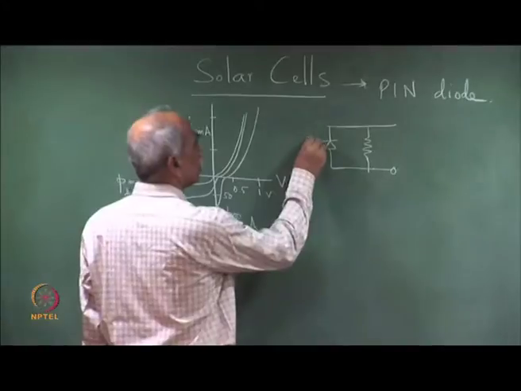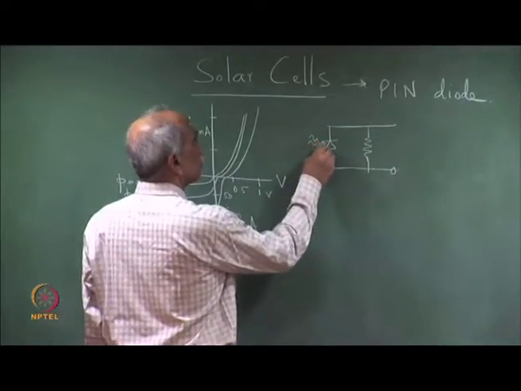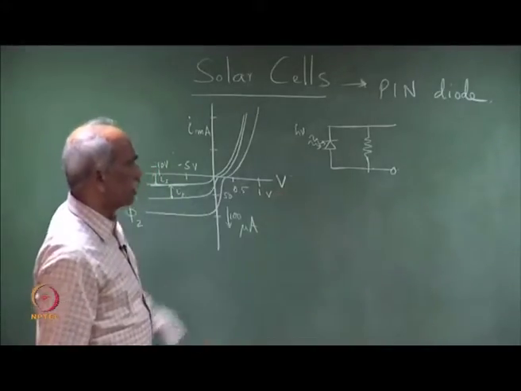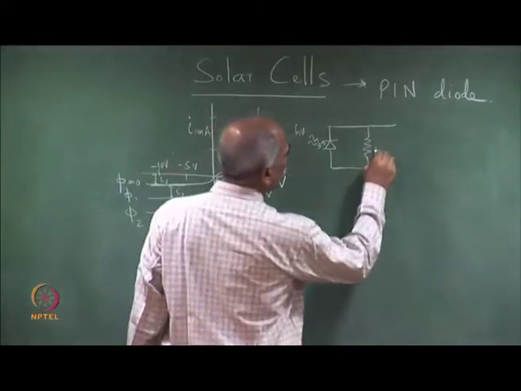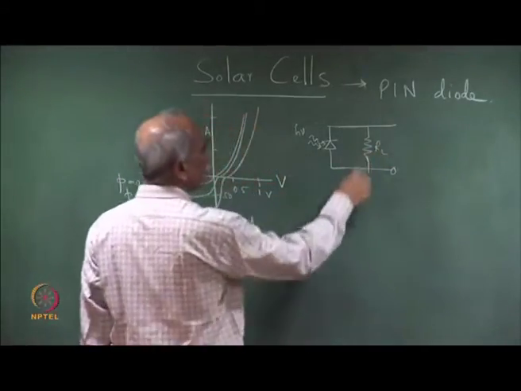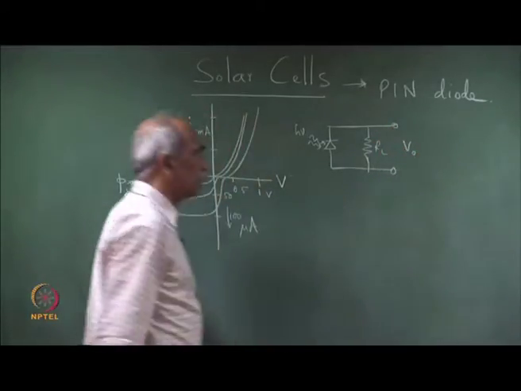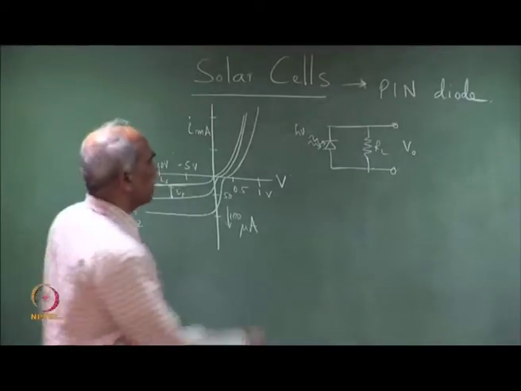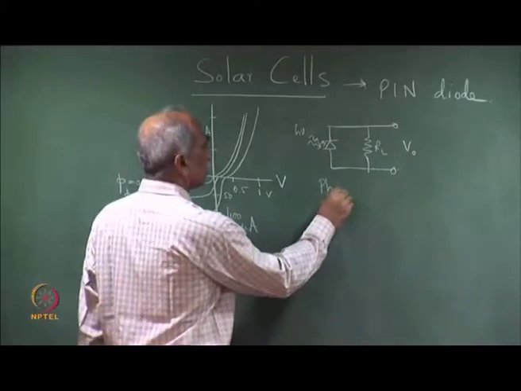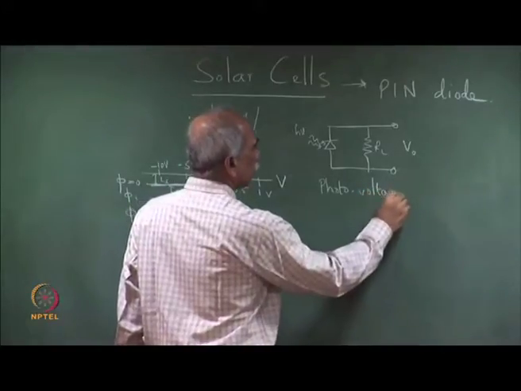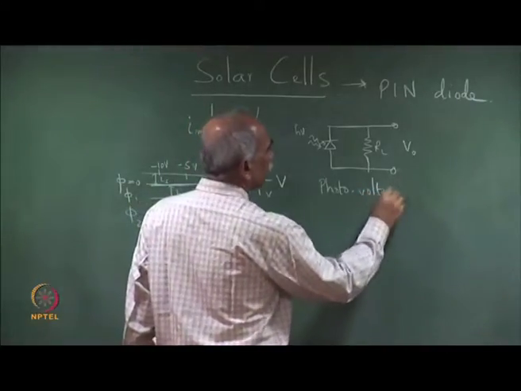The incident photon flux is incident on the photodiode, and there is a load resistance here to be chosen appropriately, and we have an output voltage V out. So, this is the photovoltaic mode, photo generated voltage.